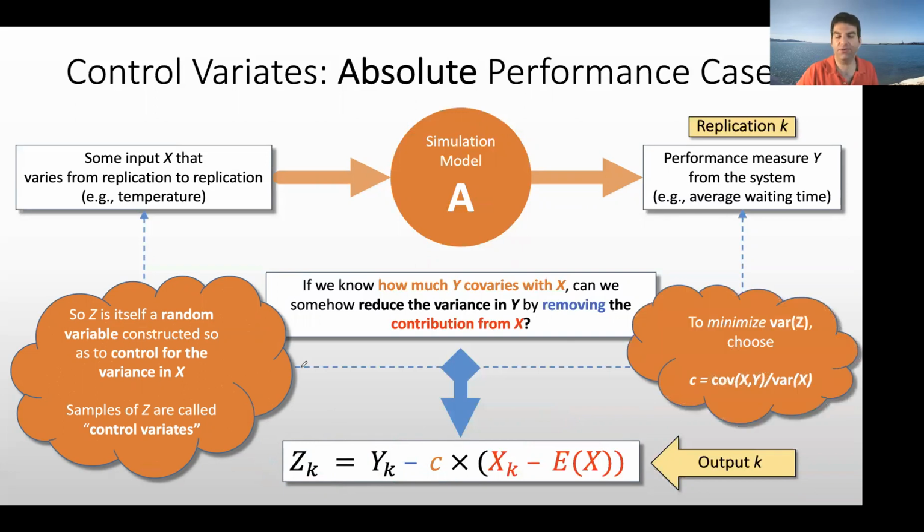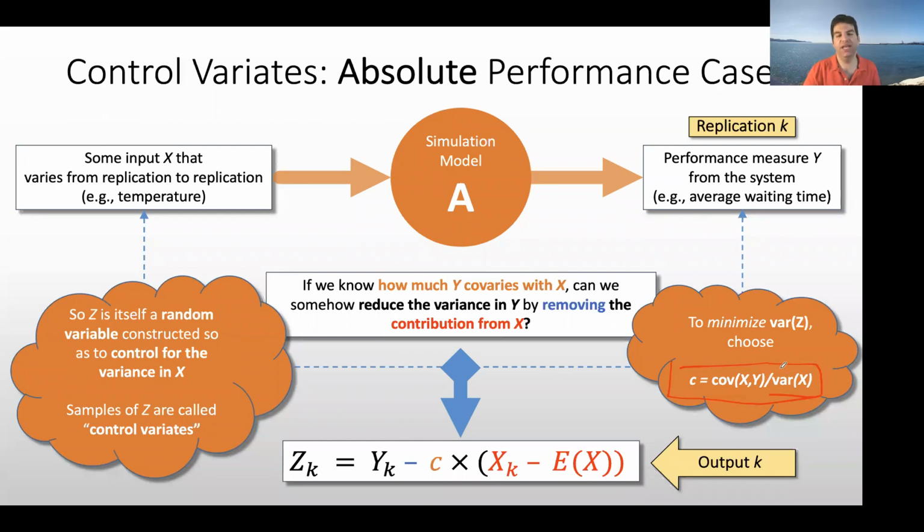And if you do a little calculus like we did last time, you find out that the optimal value for this C scalar is just the covariance between X and Y, which is a statistical quantity related to correlation that you can measure, divided by the variance in X. And so you can measure the variance in X across all the different replications. You can say, for this replication, we got a high average, for this replication, we got a low average. You take all those averages, you can measure their variance. So you've got the variation in X.